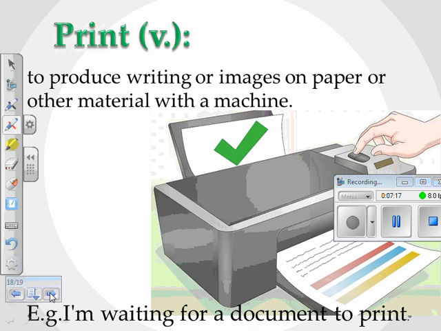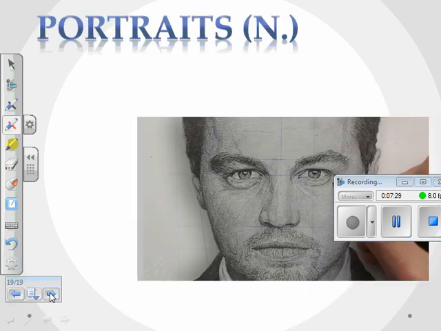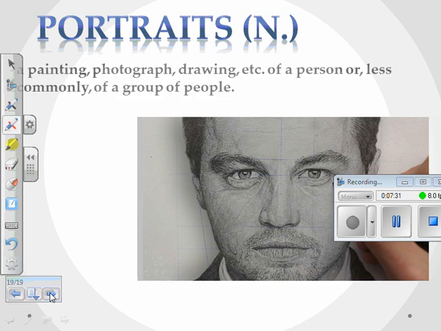I am waiting for a document to print. When you want to get out a hard copy of paper or an image, you print it. Portraits, a painting, a photograph, drawing, or something like this of a person, or less commonly of a group of people. That's it. Now we are going to read the comprehension, and I want you to monitor the words in context.